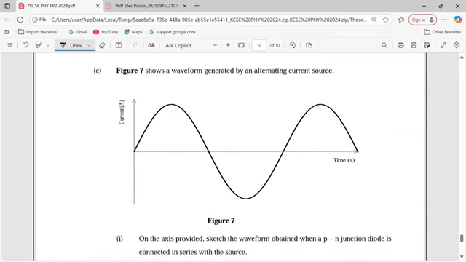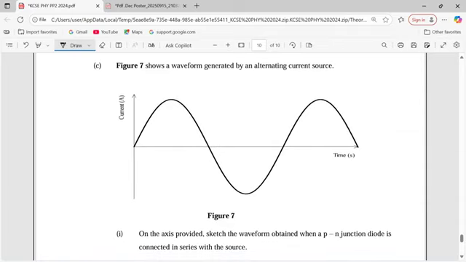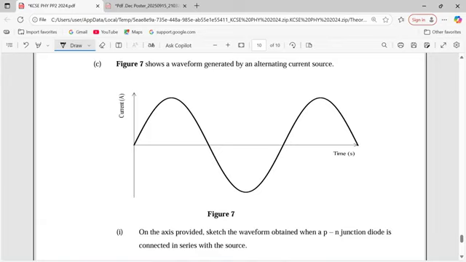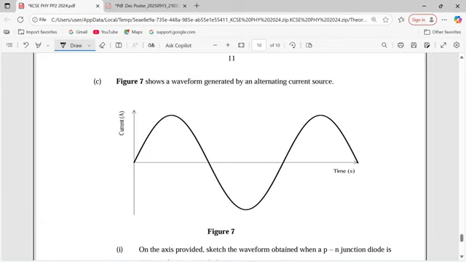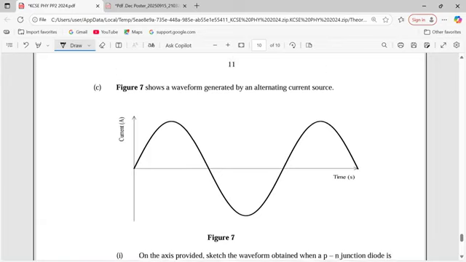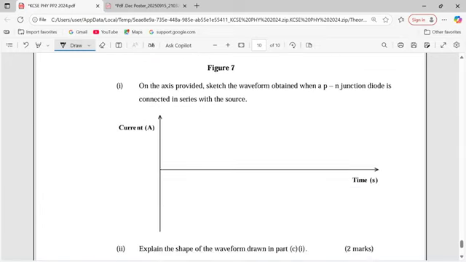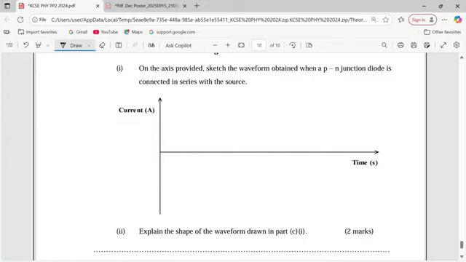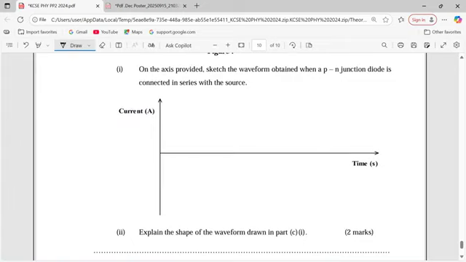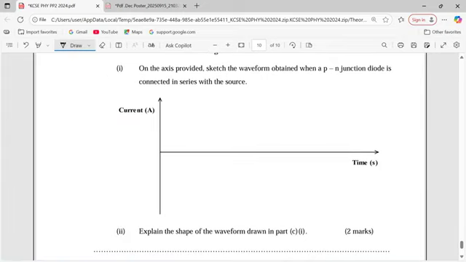Figure 7 shows a waveform generated by an alternating current source, AC. On the axis provided, sketch the waveform obtained when a PN junction diode is connected in series with the source.